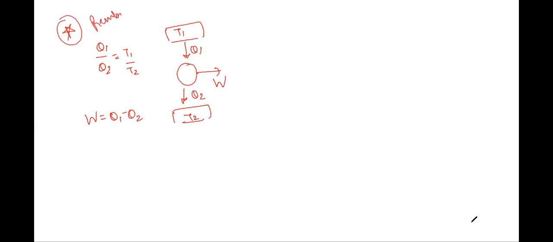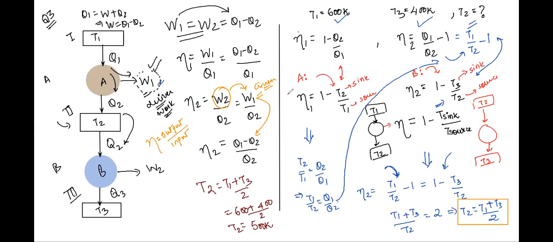So class, when we were transiting from this expression here, I am just writing that Q2 is to Q1 is T2 is to T1. This is something which we already know, and therefore this is how the formula comes. Then we went for the efficiency of the second engine.